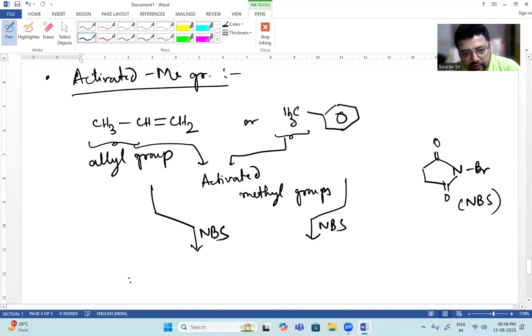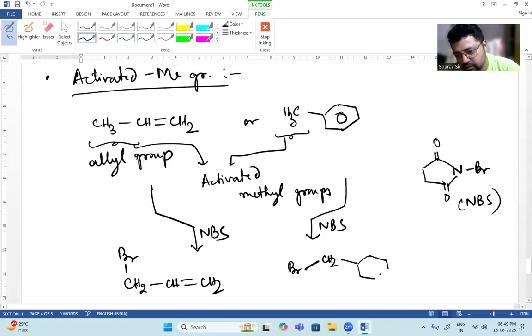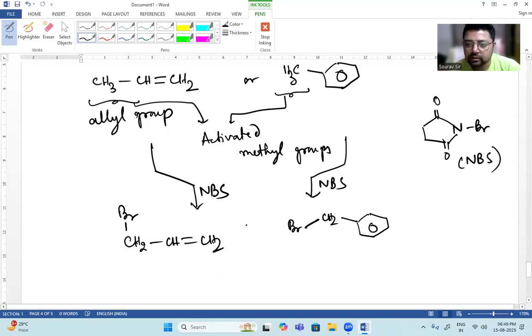So if you add this, you will get CH2=CH-CH2Br, and here also you will have a Br, C6H5-CH2Br. So this is how you can prepare the halogens from an activated methyl group using NBS. Sometimes nowadays NCS, N-chlorosuccinimide, is also used to chlorinate these things.